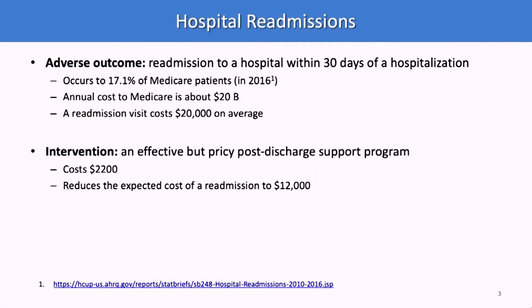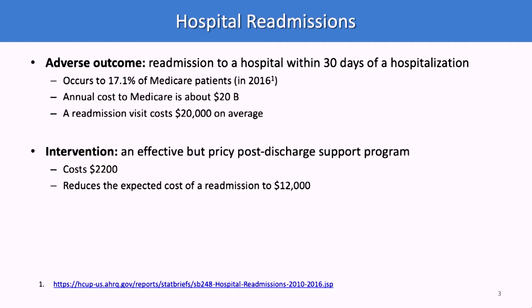It could even be follow-up phone calls. But let's say there is a very pricey but effective solution. It costs about $200 per patient, but it can reduce the expected cost of a readmission from $20,000 to $12,000.